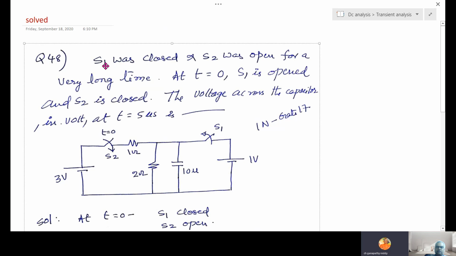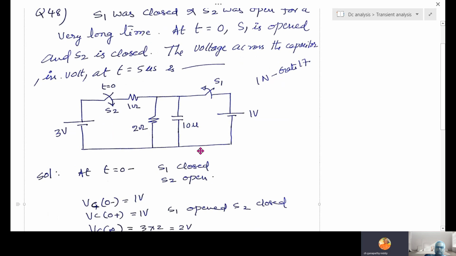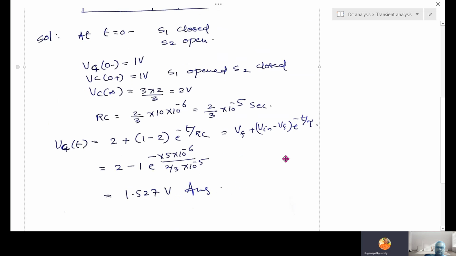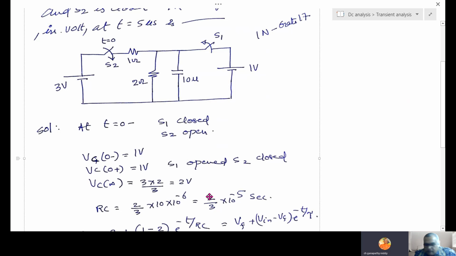So first, S1 closed at t equal to 0−, S1 closed, S2 open. If you are unable to understand this step, draw it. S1 is closed, S2 open, so this switch is open.